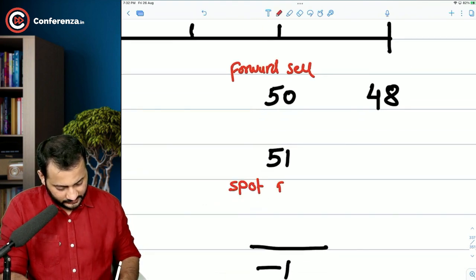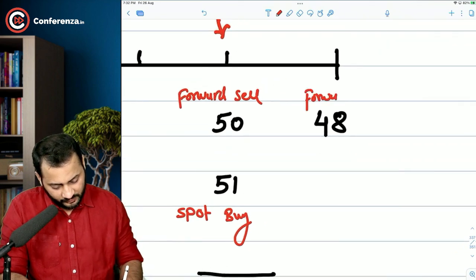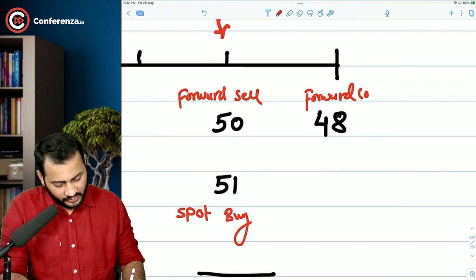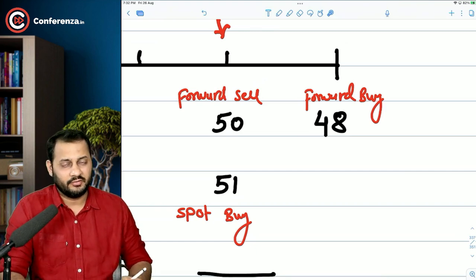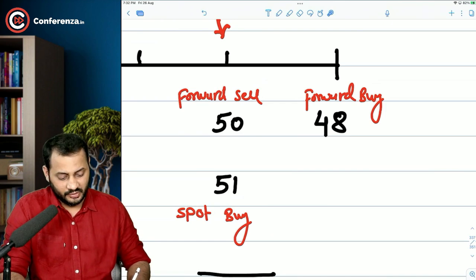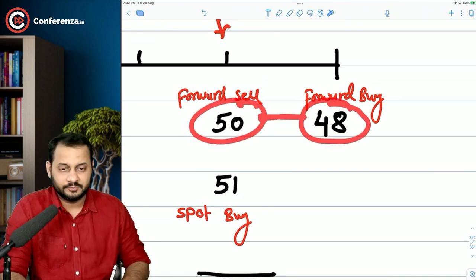Spot buy. And this was interbank market contract, cover contract, forward buy. So practically speaking, if I talk in layman's terms, this guy was supposed to get married with this girl.